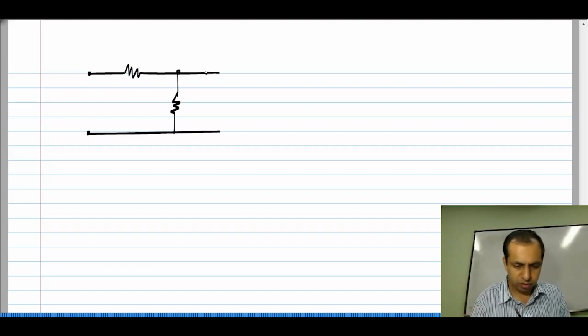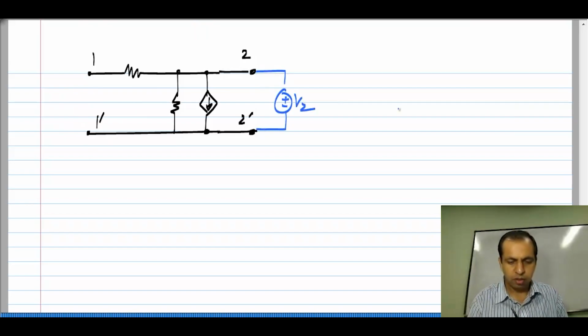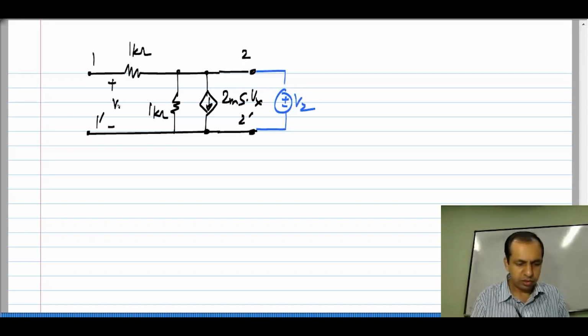Now, for the second case, we have port 1 open circuited and a voltage V2 applied to port 2, where Vx appears there.